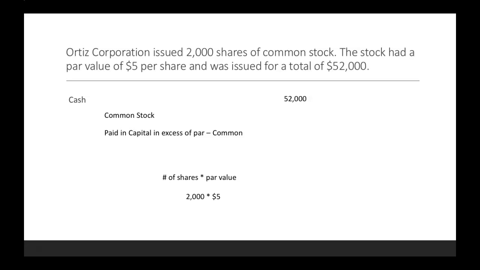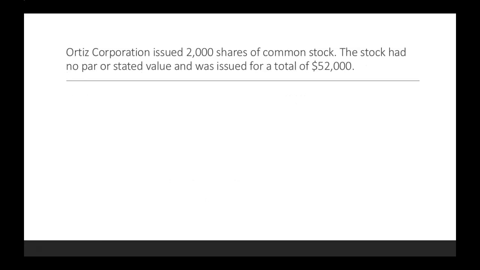So 2,000 shares times that $5 par value, and we find that our common stock is 10,000. So we'll credit common stock 10,000. Now, paid in capital in excess of par, we need our debits and credits to equal. So that becomes 42,000.